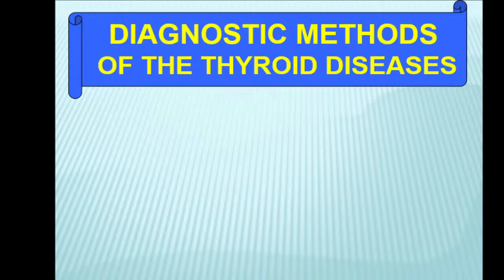From physiology, you know that between thyroid-stimulating hormone and active hormones of the thyroid gland, T3, T4, there is an opposite correlation. If the level of thyroid-stimulating hormone increases, the level of thyroid active hormones decreases, and the opposite.